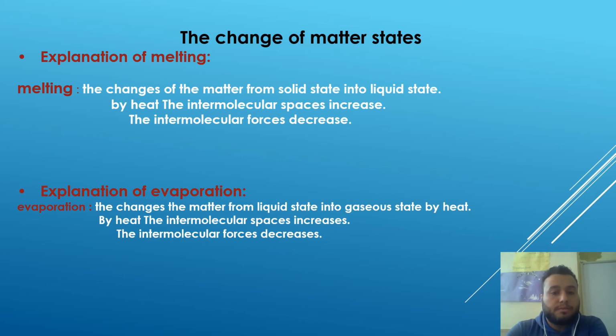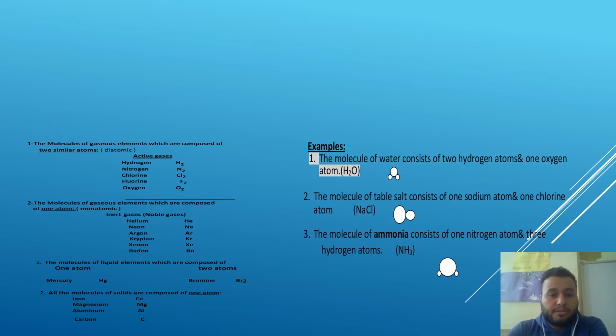All of them are one. Evaporation means the change of matter from liquid state to gas state by heat. What happens? By heat, the intermolecular spaces increase and the intermolecular forces decrease. Then it changes from liquid to gas.